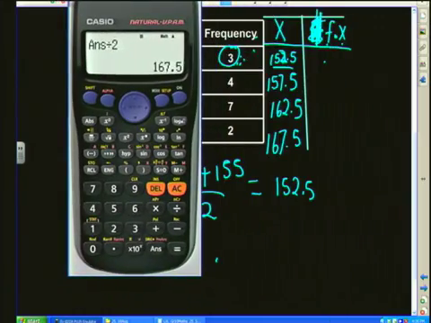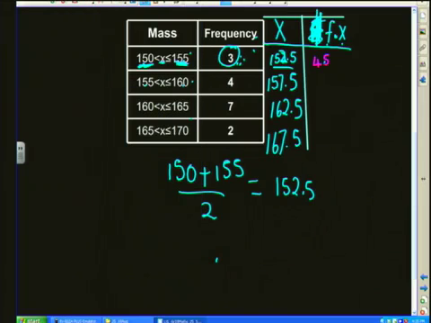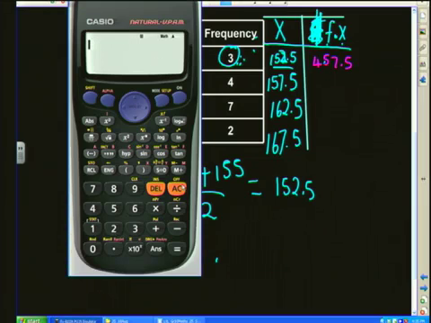So we've got, first one, 152.5 times 3. That gives us 457.5. Okay, your next one is going to be 157.5 times your frequency, which is 4, and that gives us 630.